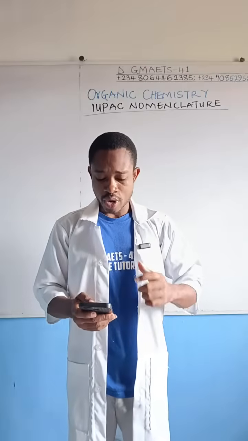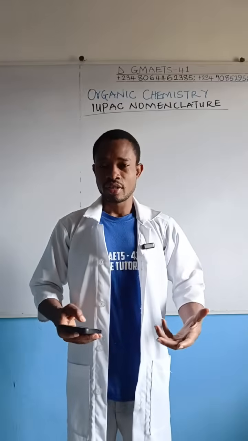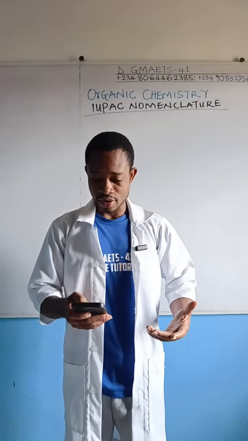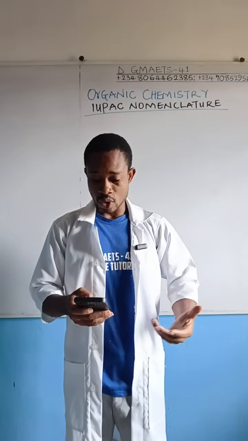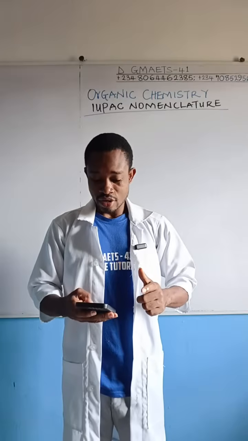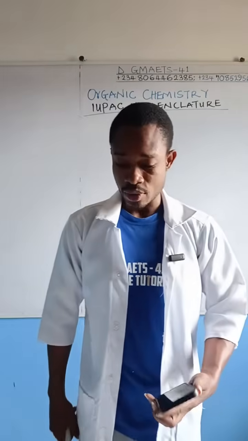Identifying the functional group will help you know what the homologue is. It's from there that the rest of the work will kick off. I want to believe that you've familiarized yourself with the functional groups of these compounds.